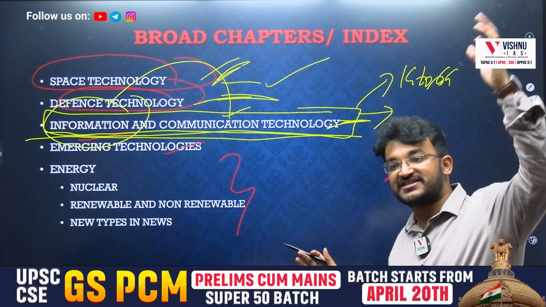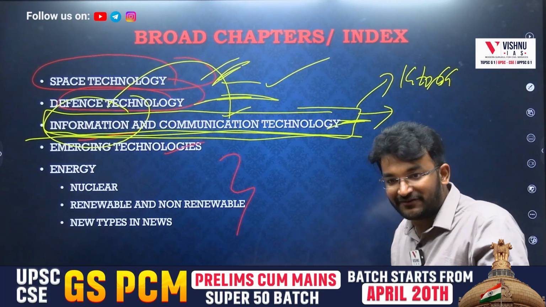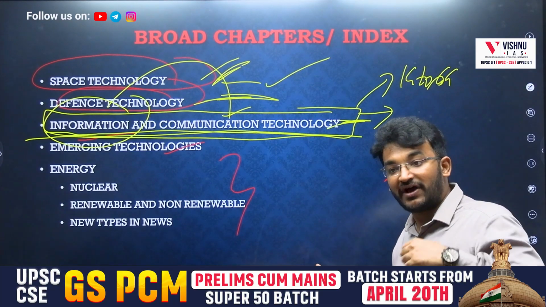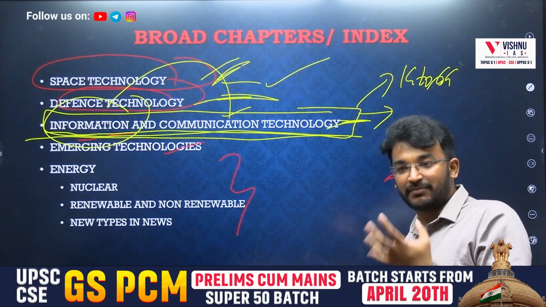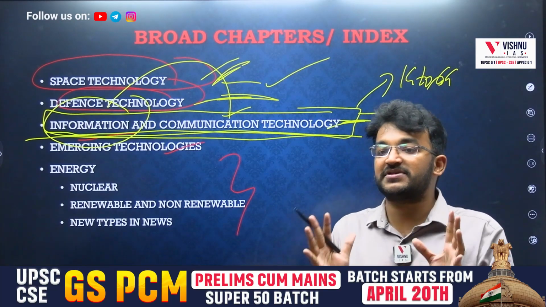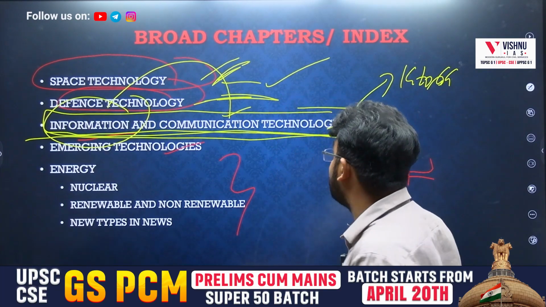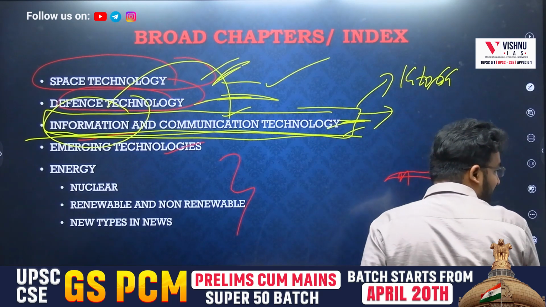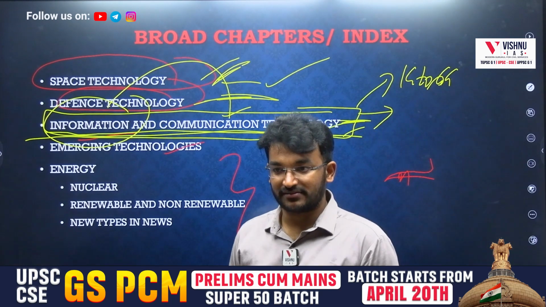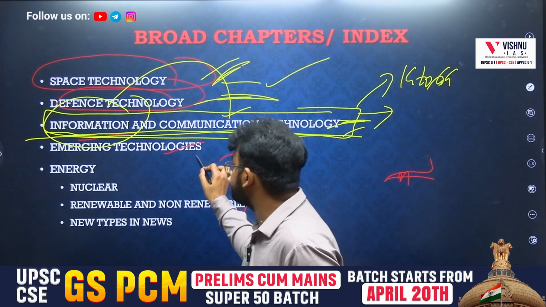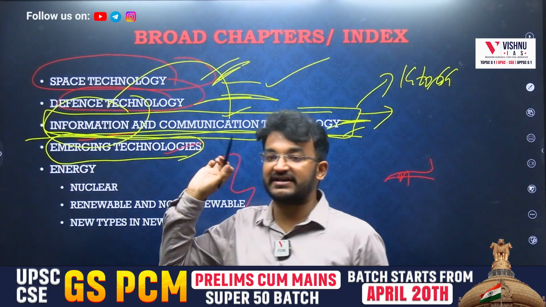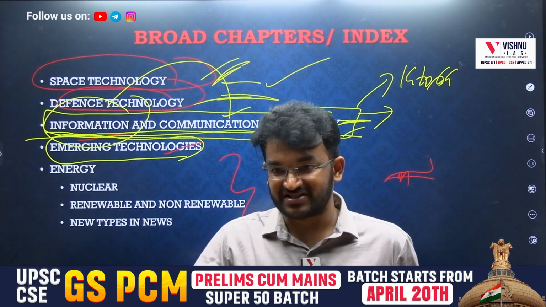We will be studying space-based internet. We will be studying Wi-Fi, Li-Fi, WiMAX, LAN, WAN, MAN, PAN. All the mediums which help in the communication of information will be discussed in this information and communication technology chapter. Right. Next. This is an even more interesting chapter, emerging technologies.